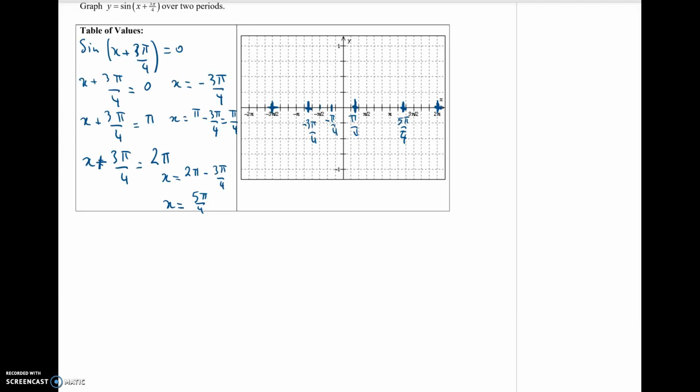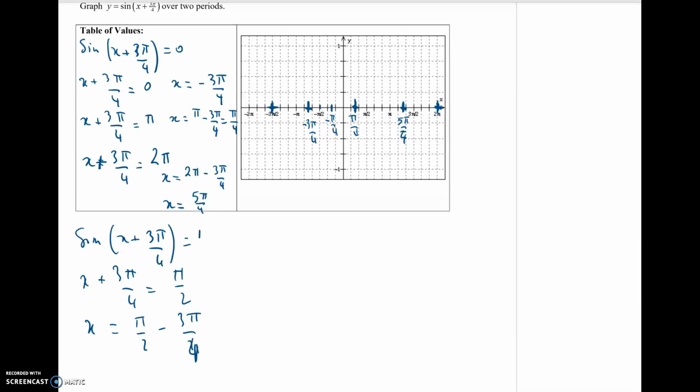Now, when do I have the sine of my angle x plus 3 pi over 4 equal 1? When my angle x plus 3 pi over 4 is equal to pi over 2, therefore x equals pi over 2 minus 3 pi over 4, and by multiplying by 2 top and bottom to have the same denominator, that's equal to minus pi over 4.